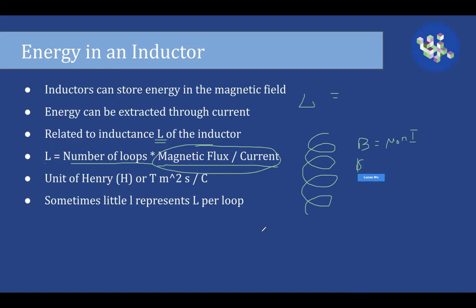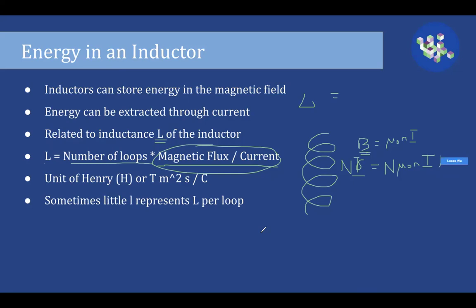Flux would be equal to B times the area. Or let's just do number of loops times flux, because that's simple. So it will be equal to big N times mu zero n i times the area of each loop, let's just call it A for now.